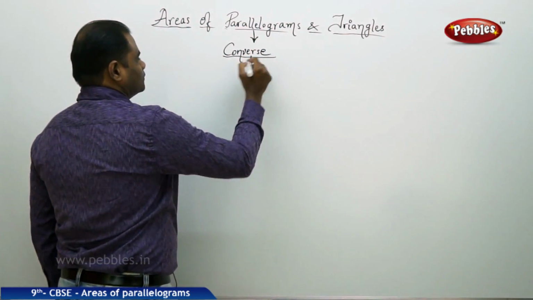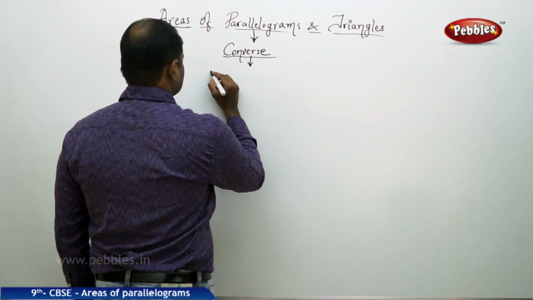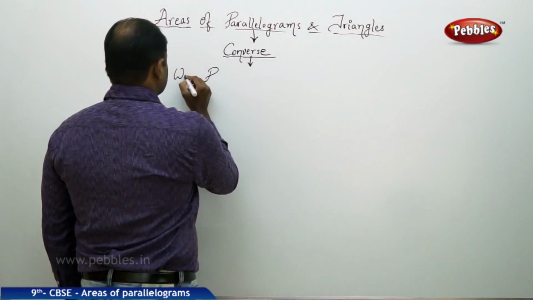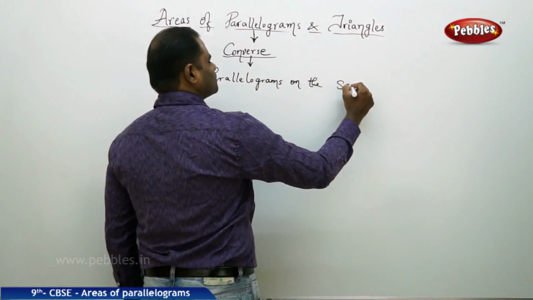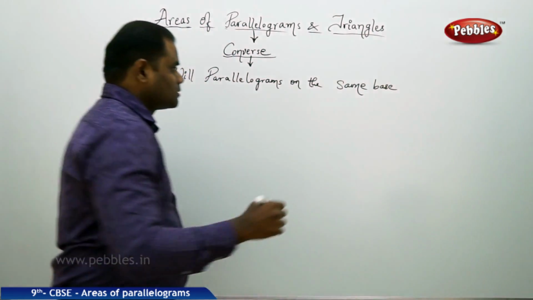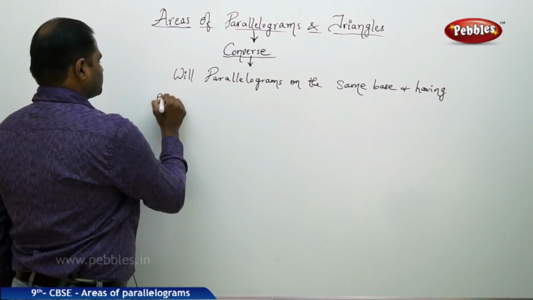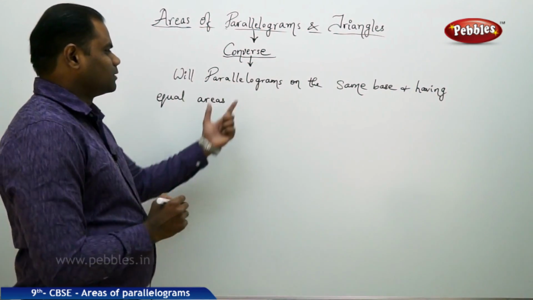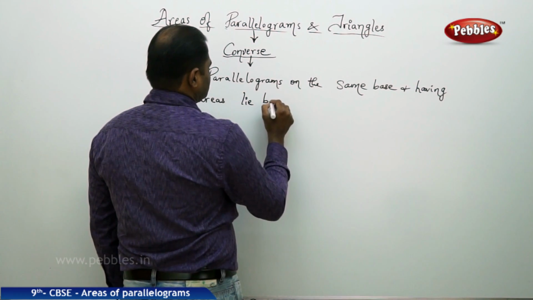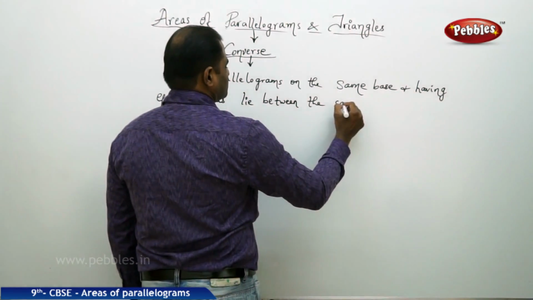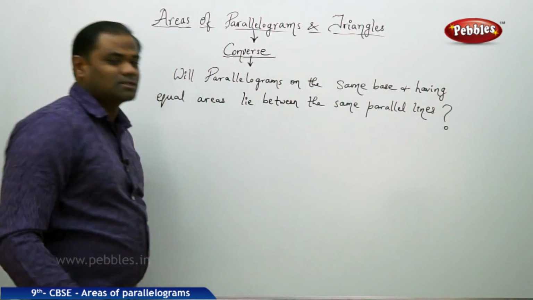So let's state the converse. My question is, will parallelograms which are on the same base and having equal areas, the two parallelograms or any number of parallelograms on the same base and having equal areas, lie between the same parallel lines? That is what I have as a question as the converse.